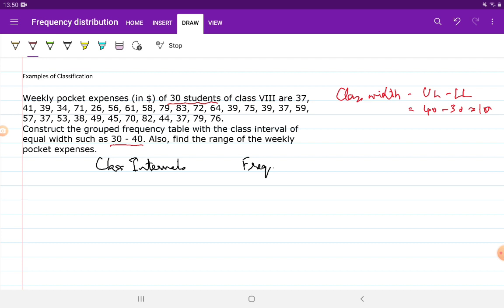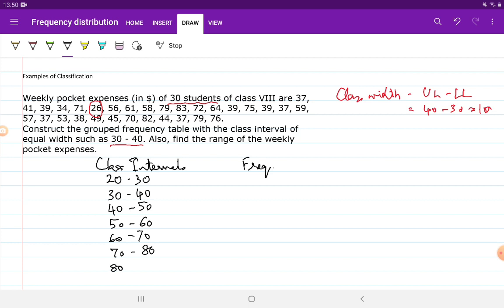If you note here, I shouldn't ideally start with 30 to 40 because we have a number such as 26 which falls in a lower class interval. So I think the first class interval that I should select is 20 to 30, followed by 30 to 40, 40 to 50, 50 to 60, 60 to 70, 70 to 80.